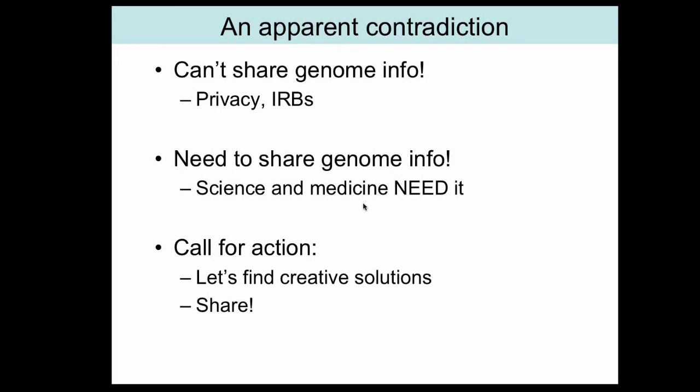And if I study a set of genomes and identify variants shared by many of them, then again, that's not personally identifying. So such a set of variants should be shared without any problems of privacy. So my call for action is, let's find new and creative solutions for how to share genetic variants, genetic information, without transgressing on the privacy of individuals. And let's just do that. Let's share the data as much as we can.